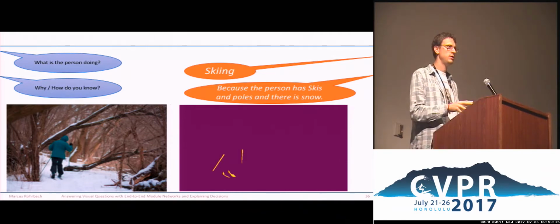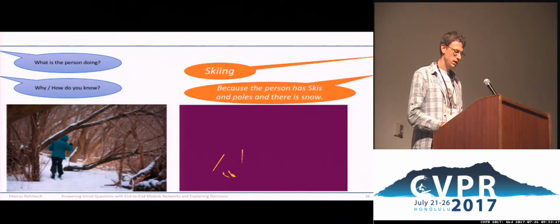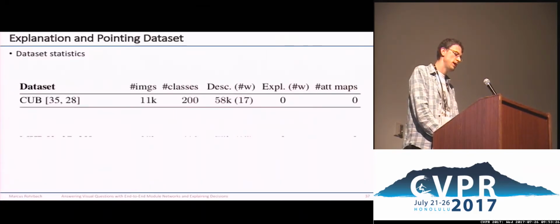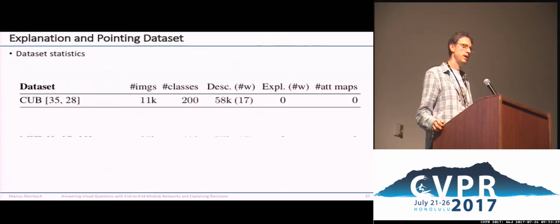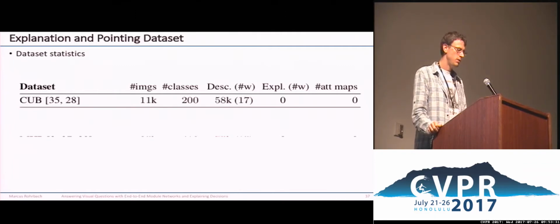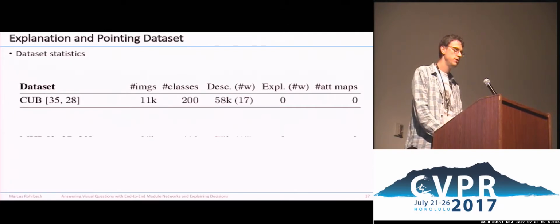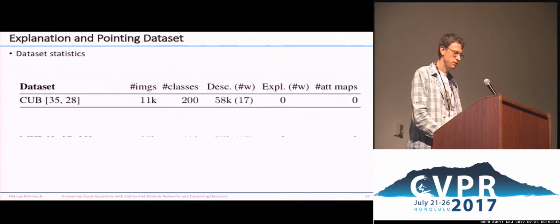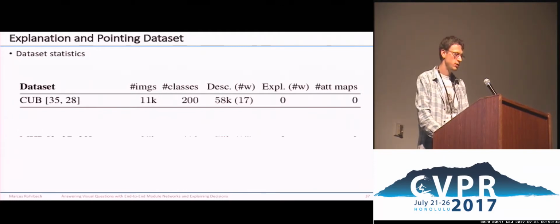In this work, we don't actually use those modules, but a more end-to-end approach, and it's on the real VQA data set. Prior work from ourselves already generated explanations on the CUB birds data set, but there's actually no explanation ground truth. While in that work we could start off with the descriptions and learn explanation models, this is much more difficult on the VQA data because it's much more diverse.